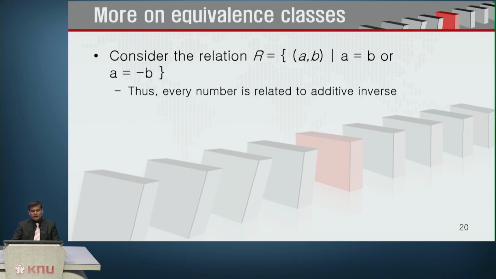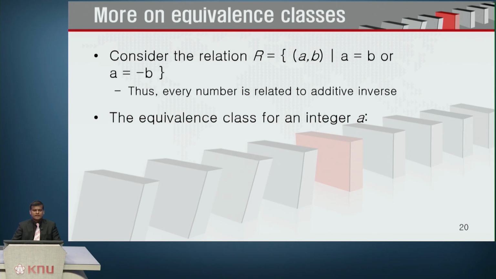And if you consider the next example, the relation R on the pairs a, b, where the elements are related such that a equals b or a equals minus b. So we say that every number is related to its additive inverse. The equivalence class of an integer a, for example 7, is 7, minus 7, and for 0 we do not have any negative part.